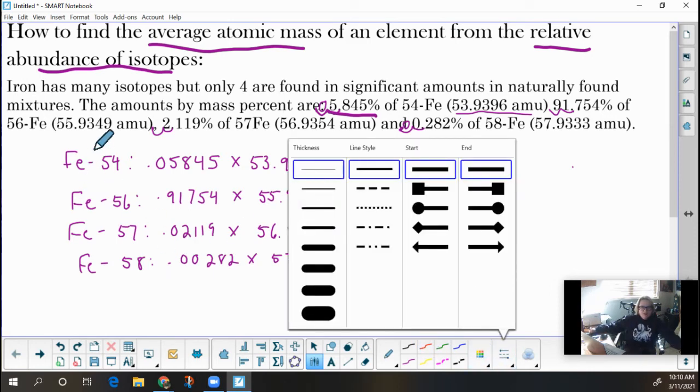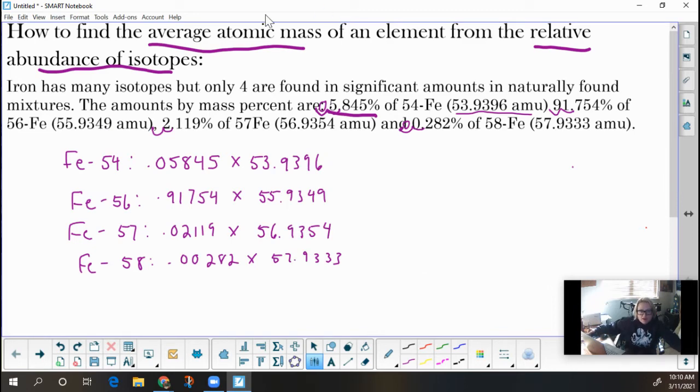I'm going to grab my calculator here and just go ahead and plug these in. When I plug these in, what I'm figuring out is the mass that is going to contribute to the overall atomic mass for that element, what we find on the periodic table. So 0.05845 times 53.9396.